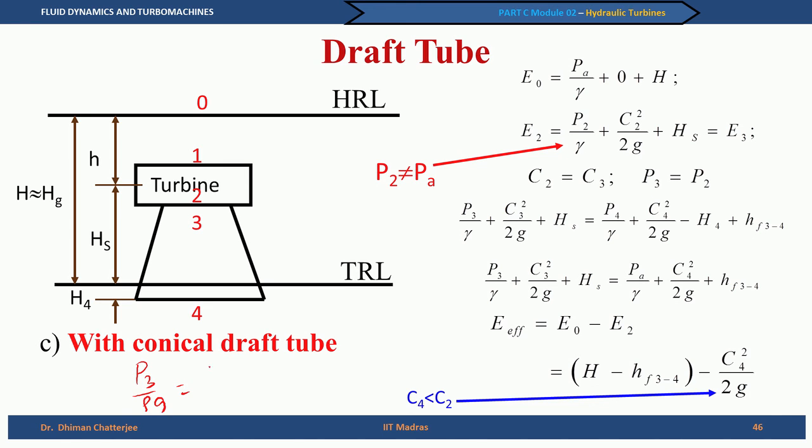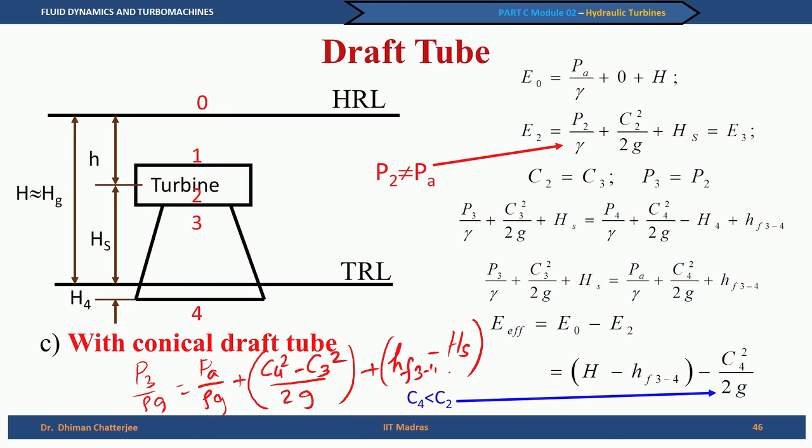P3 by rho g is equal to Pa by rho g plus (C4 square minus C3 square) by 2g plus Hf34 minus Hs. Now, let us look at these terms. C4 is less than C3 and hence this bracketed term is negative.